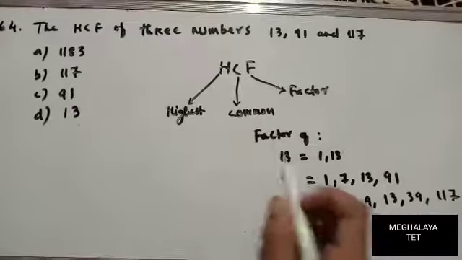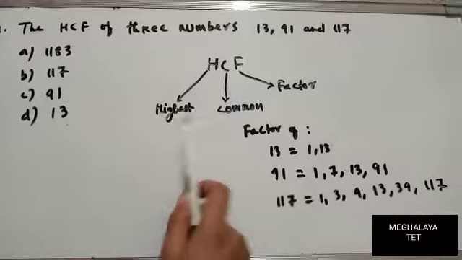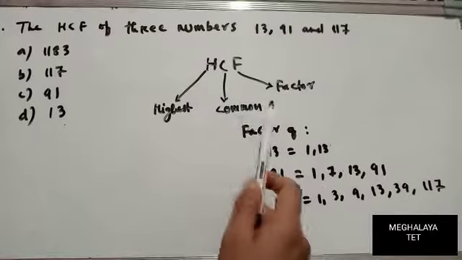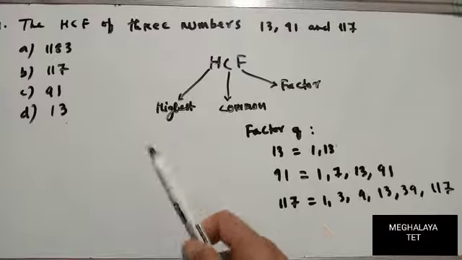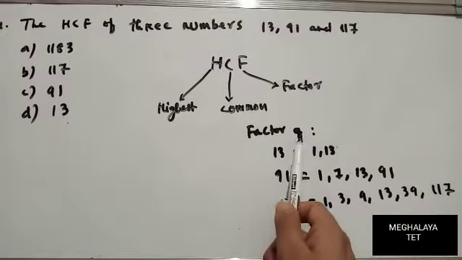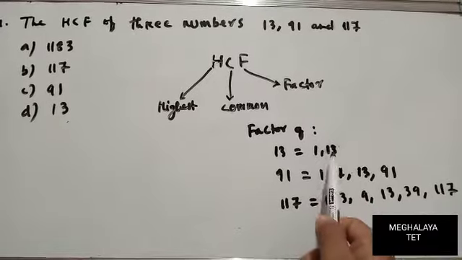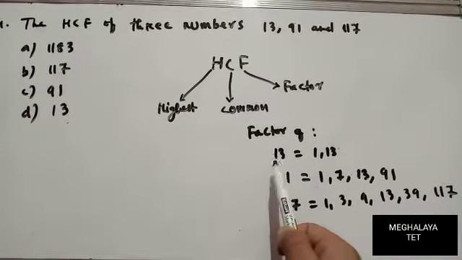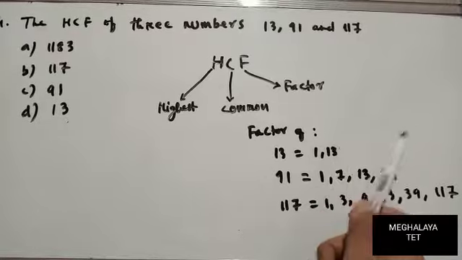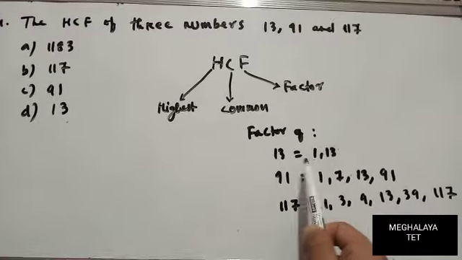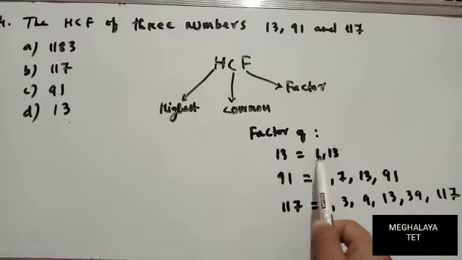First we have to understand what HCF is. HCF means highest common factor. So we have to find the factors of 13. By which numbers can we divide 13? Only 1 and 13. So the factors of 13 are 1 and 13.